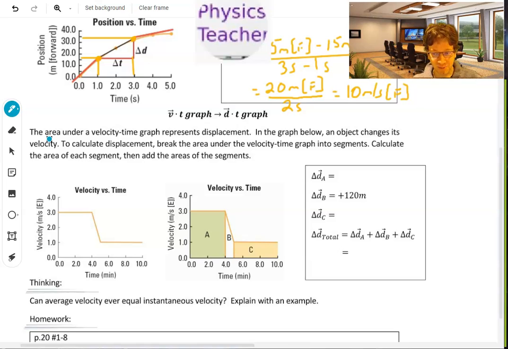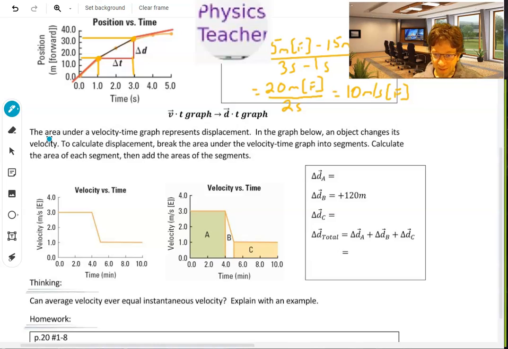Now it's shaded in there because what would happen if we found the area under that graph? Well, area of a rectangle is just length times width. So we are actually doing meters per second multiplied by minutes, but we can convert minutes to seconds.